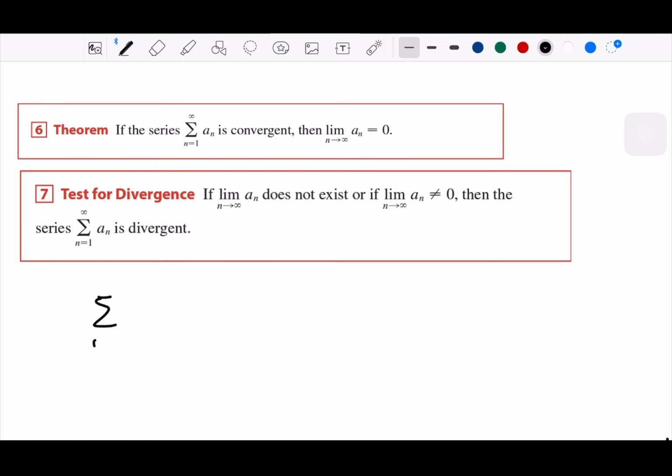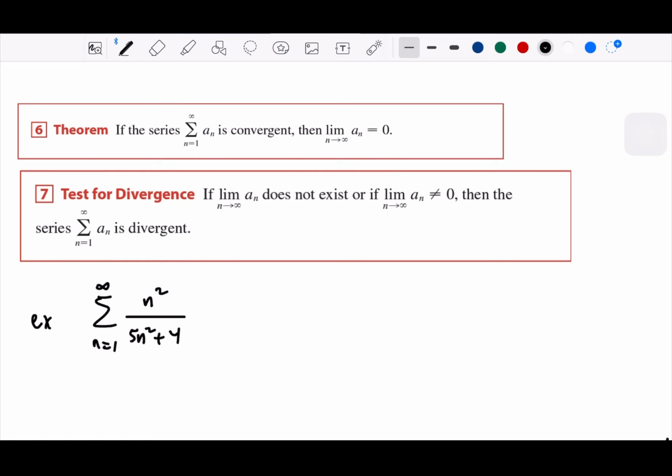So let's say, example here. If we have this series, the sum of n squared over 5n squared plus 4.